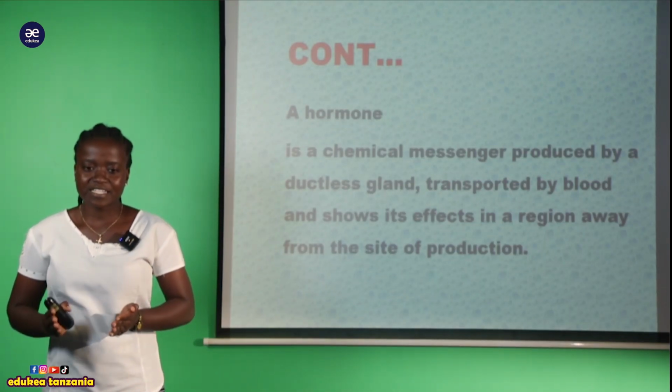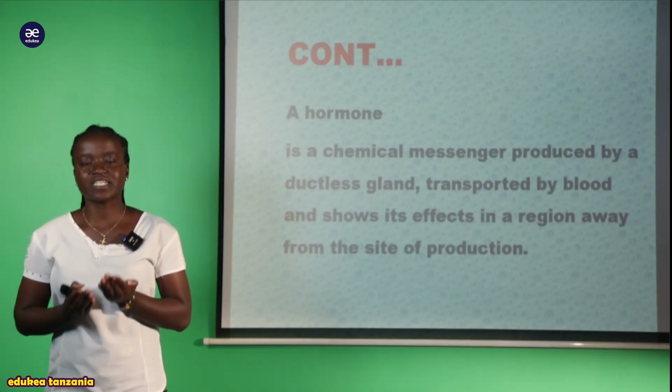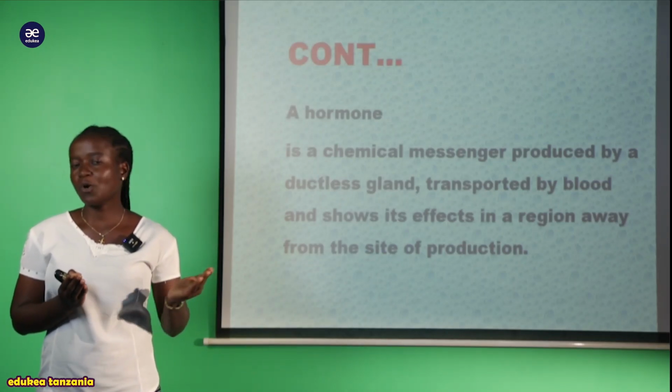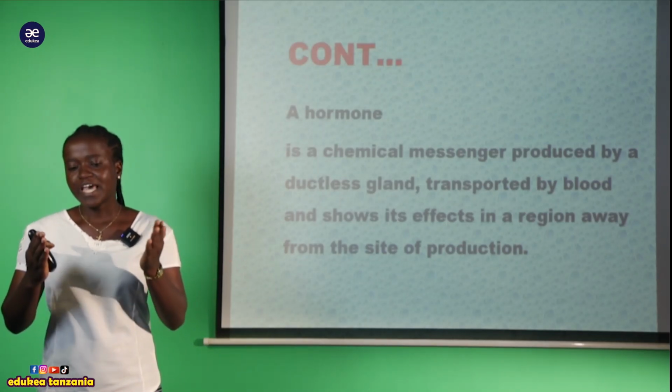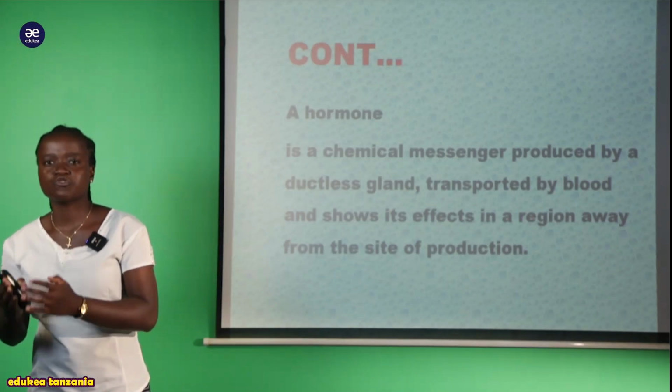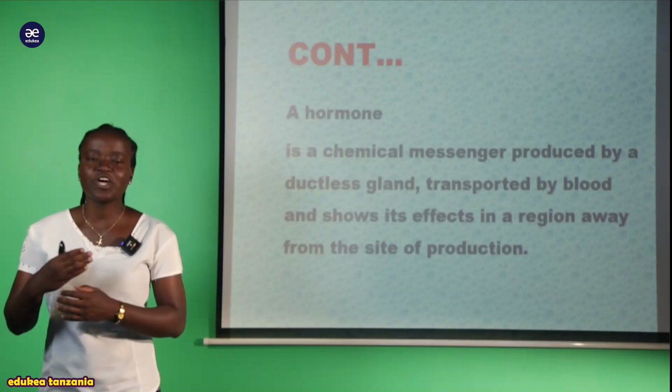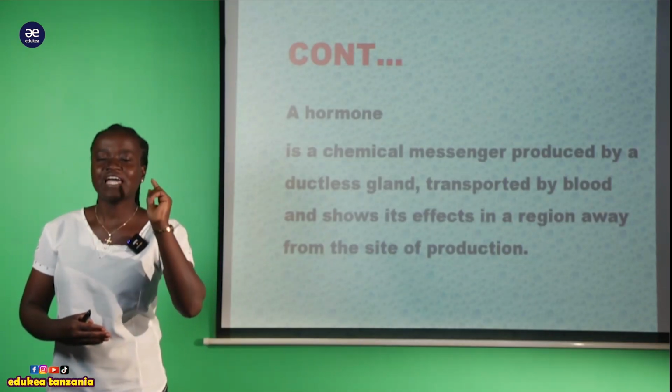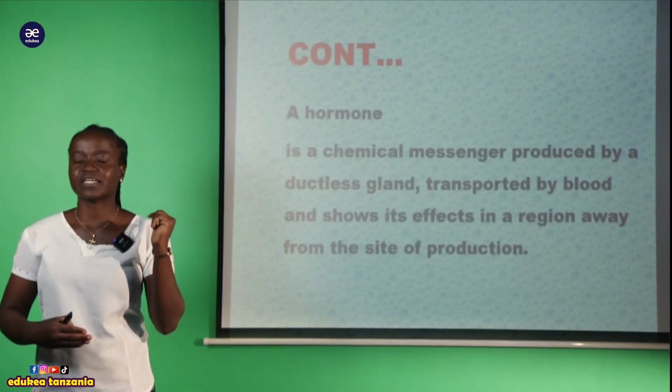The ductless gland secretes that chemical messenger, mainly we are talking about hormones, and transports those hormones into the blood stream to provide a response in other areas that are not the target.